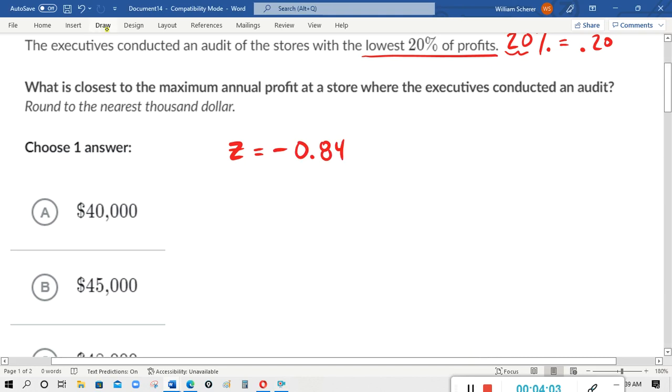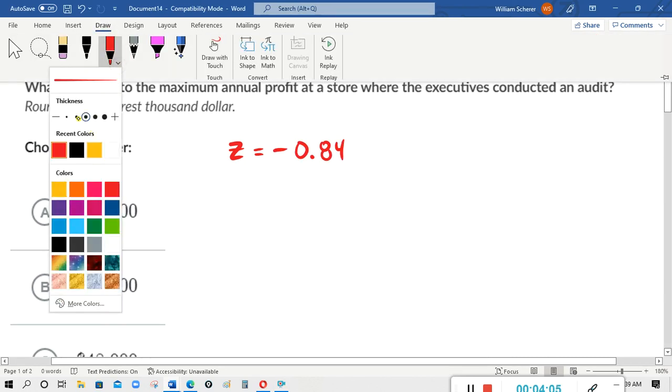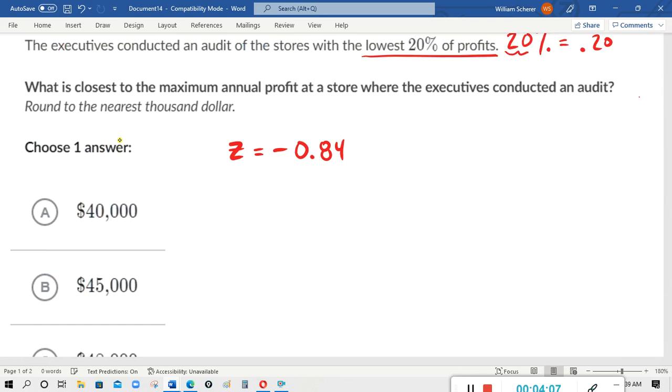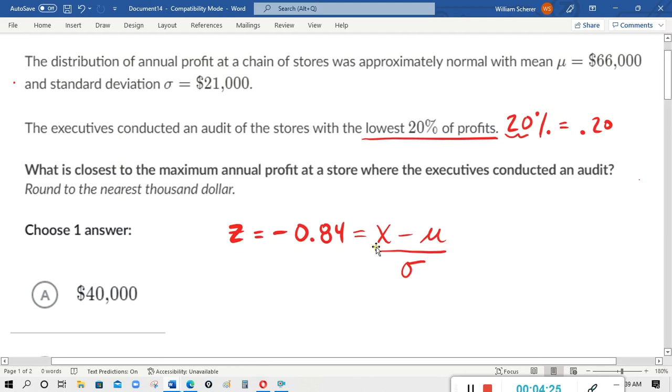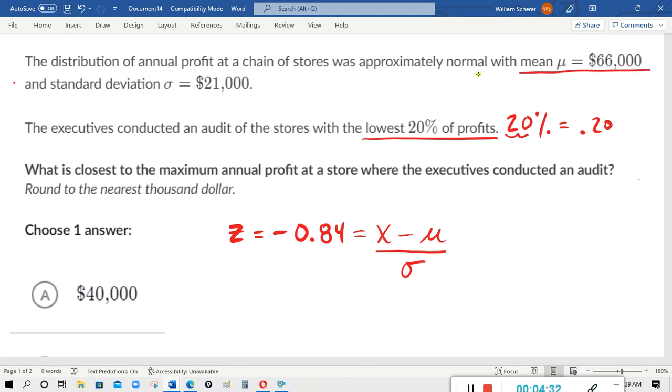All right, and what I am going to do is set that equal to the formula for the z-score. Okay, recall it is x minus mu divided by sigma. All right, now in the problem here, we don't have x. That's what we want to solve for. Okay, we have the mean mu, that's 66,000, and we have the standard deviation sigma, that's 21,000.